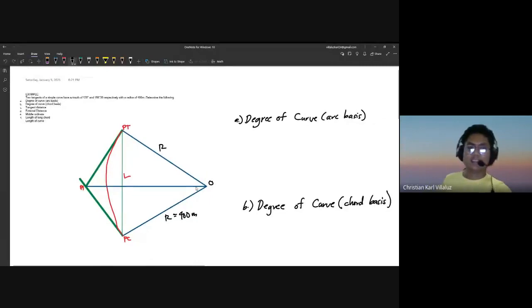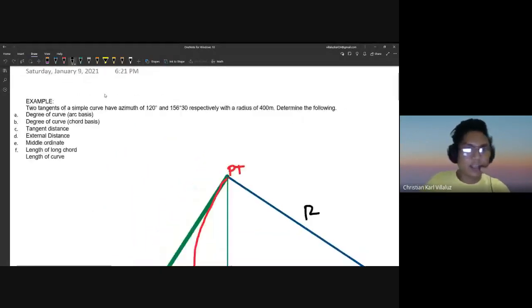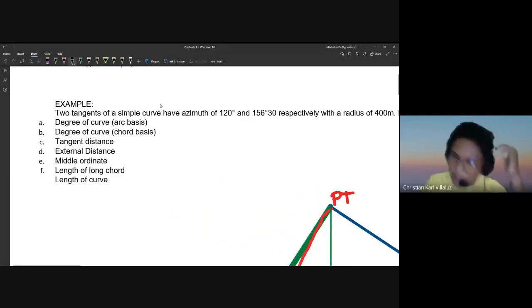Sige, let's answer that problem. So we have here two tangents. Usually in the problems we encounter in horizontal curves, there's no given figure. So you yourselves will draw the horizontal curve.